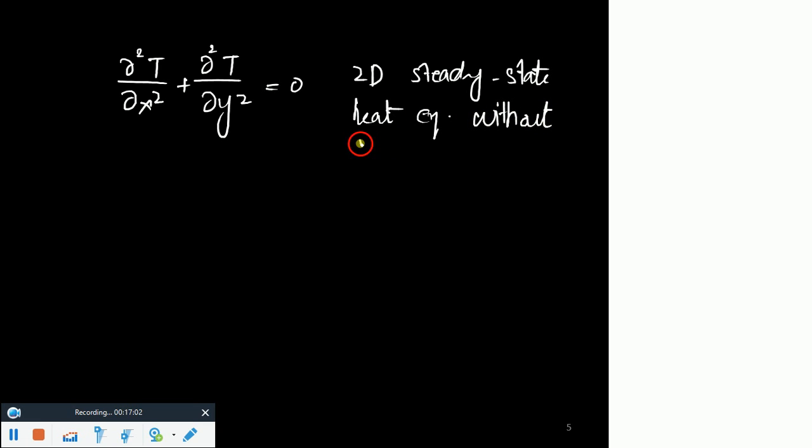Okay, so this is the 2D steady state heat equation without heat source. Understood?